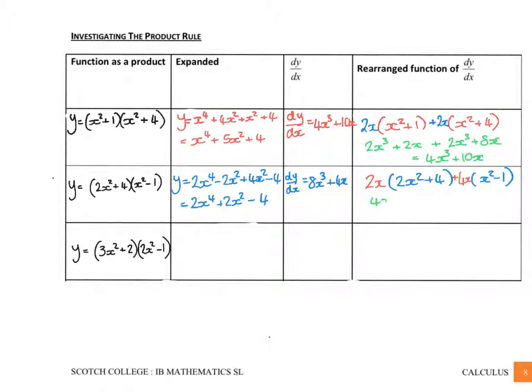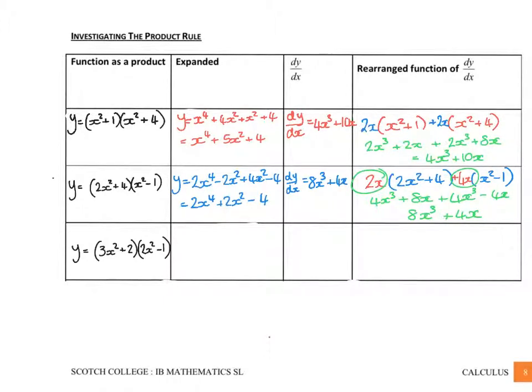That gives me 4x cubed plus 8x plus 4x cubed minus 4x. That gives me 8x cubed, yep, that's what we wanted. And then 8x minus 4x gives me the 4x. Brilliant. So still trying to work out where I got these coefficients from.